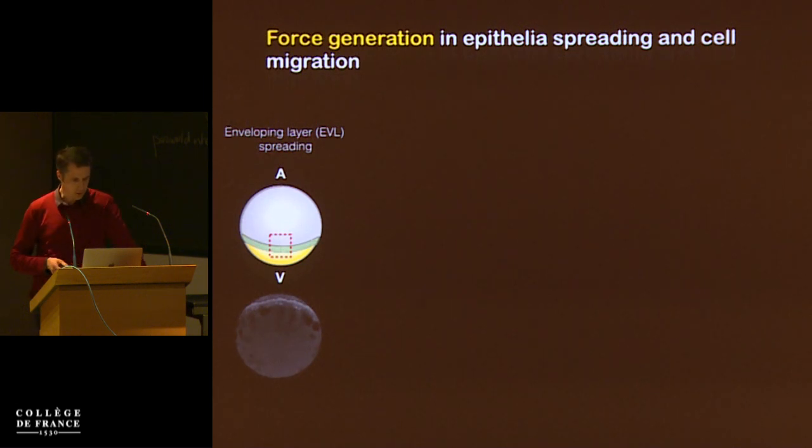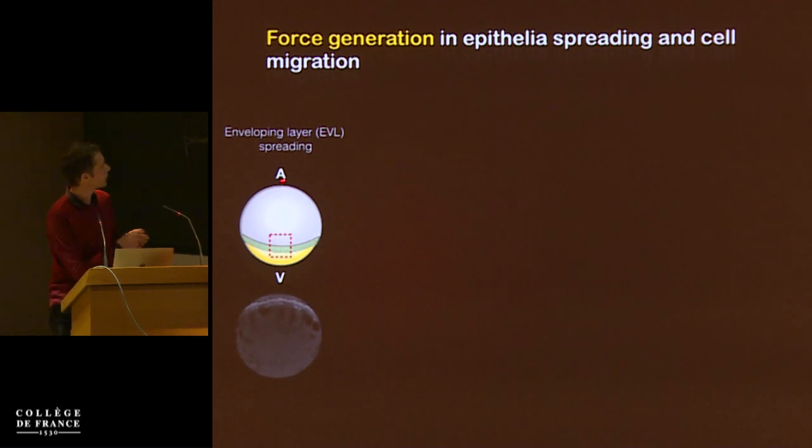Over the last perhaps 18 years, we have been looking at force generation, particularly at the contribution of actin and myosin and actomyosin flows. We have looked at one process, shown here on the left side, where we are looking at a squamous epithelial cell layer called the enveloping layer.